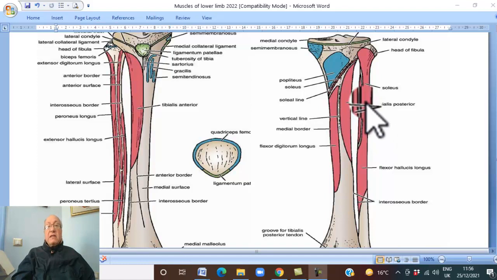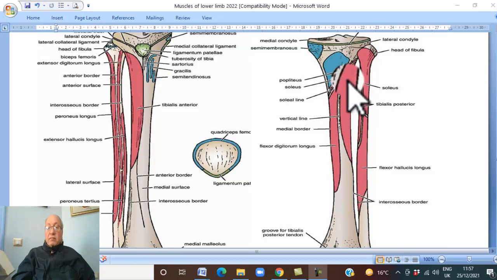It arises from the posterior aspect of the upper third of the shaft of fibula, and the posterior aspect of the head of fibula, and from a fibrotendinous arch extending between tibia and the fibula.